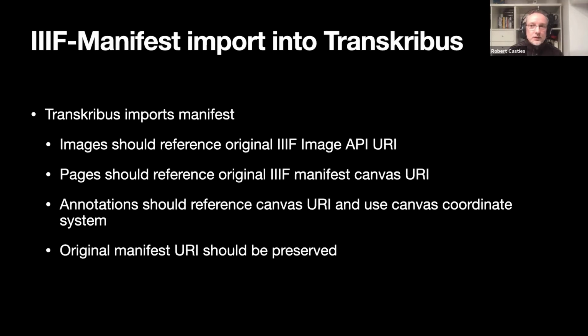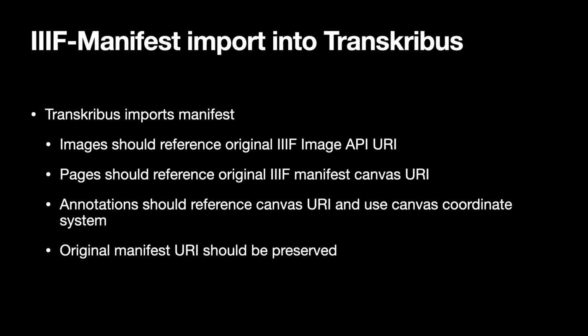The image import, currently, in the process, currently it imports the manifest, and I'm not too much into the details myself, but at least from what I gathered, it's more or less a black box.